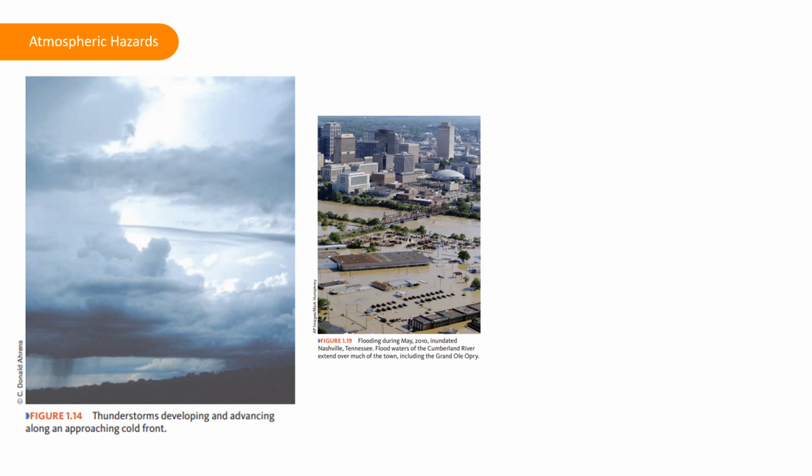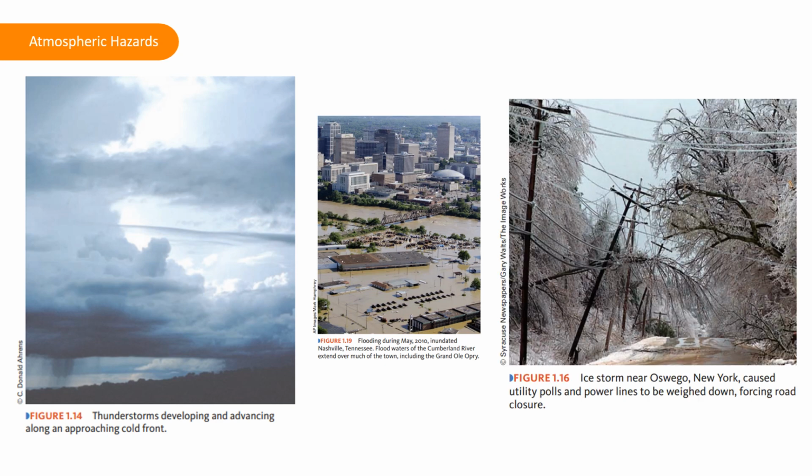Some are storm related, such as blizzards, or very strong snowstorms, and this picture is an ice storm or freezing rain. This is in New York, where the utility poles and power lines were brought down, forcing road closures.